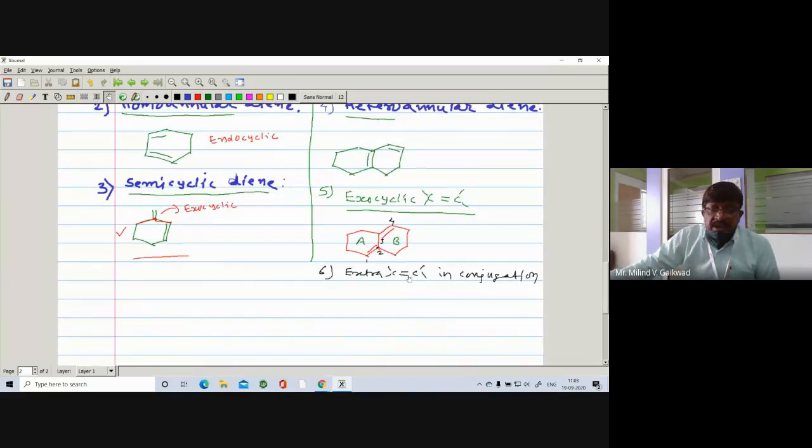And the last point, an extra carbon double bond in the conjugation: a system with a pi bond in conjugation other than the two pi bonds. Then it is called an extra carbon double bond in the conjugation, right?